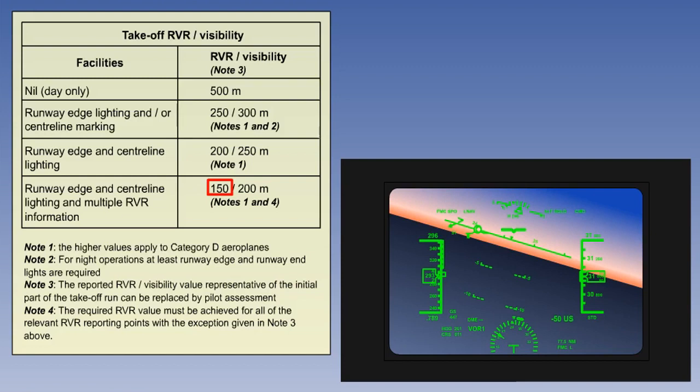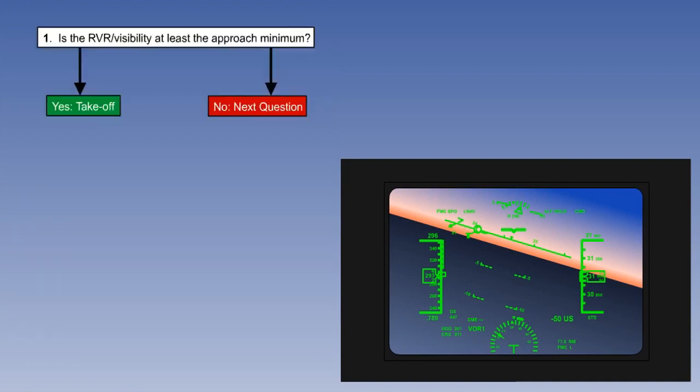Additionally, there must be sufficient visual references present for directional guidance in both reactions to an engine failure, that is, abandonment and continuation. I say theoretically because we must now consider the decision-making following a continued takeoff.